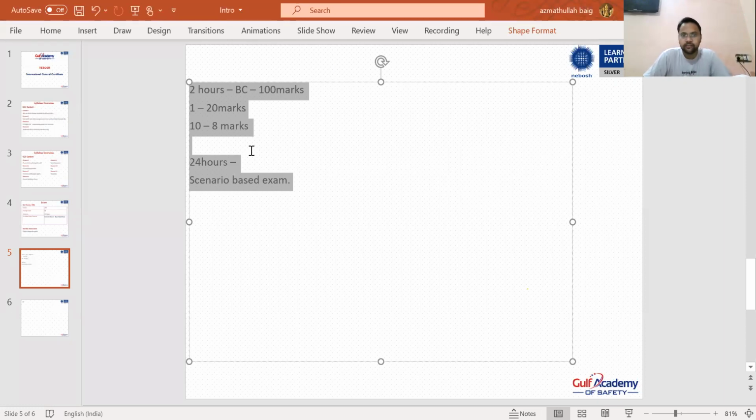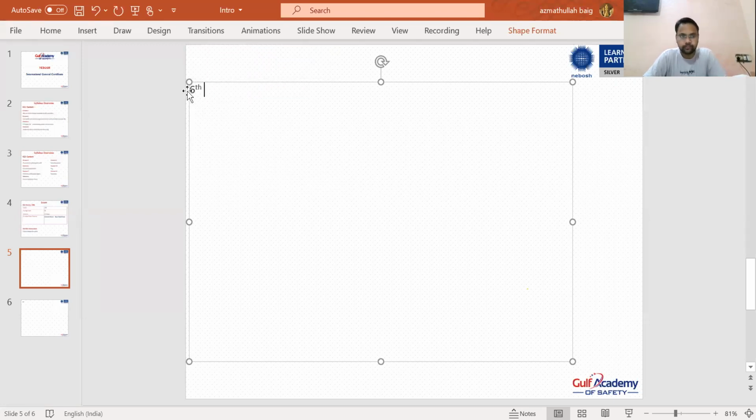On 6th of October, you have your exam. At what time will you be able to download your question paper and answer sheet? On 6th of October, the examination will start at 9 a.m. as per UK time.